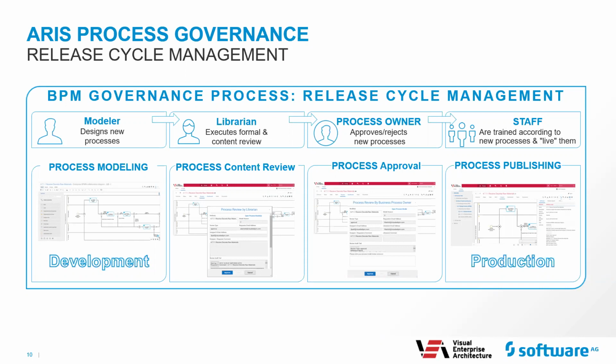If they approve it, in this particular case, it would get published to the production library, and we notify the modeler and the process owner that the model is now available in production. So that's a typical two-level approval. This can be modified based on the type of model, potentially, depending on whether additional approvers are required. So it's flexible in that nature.